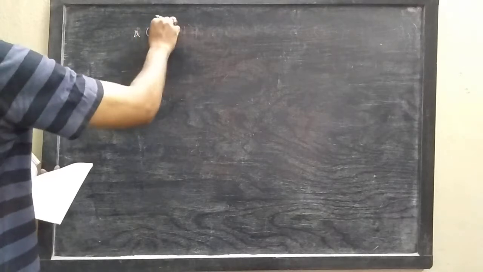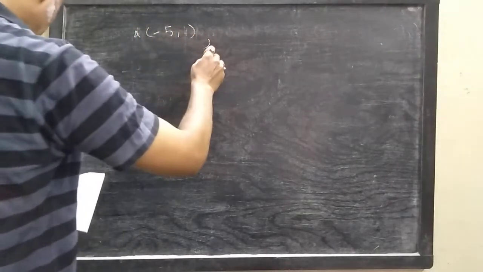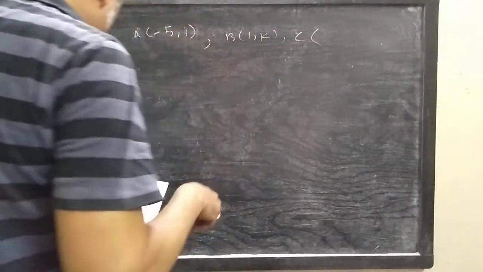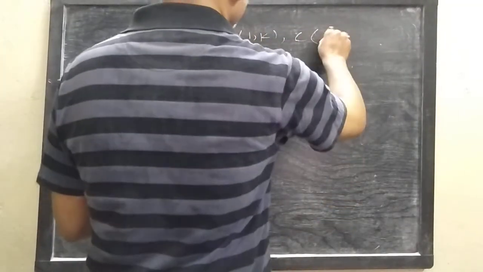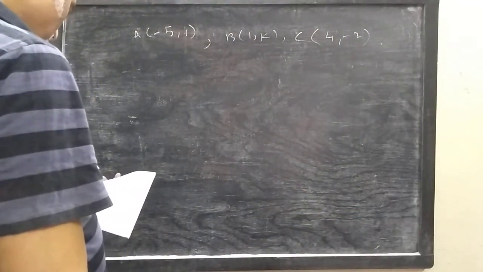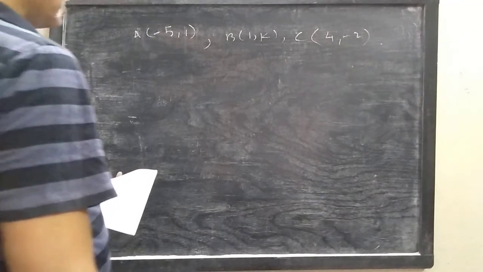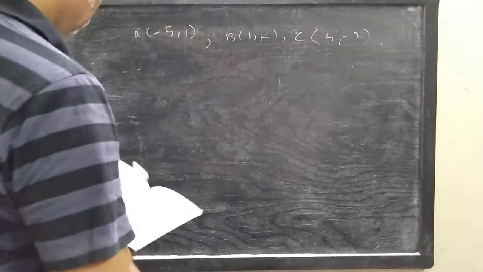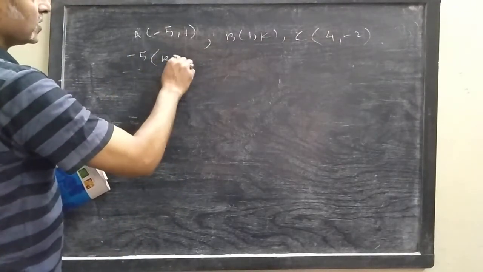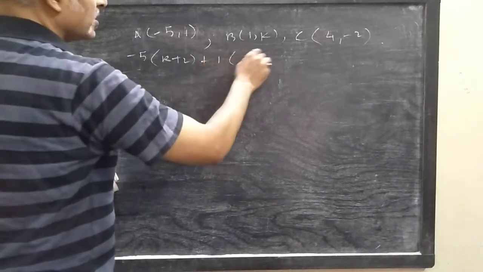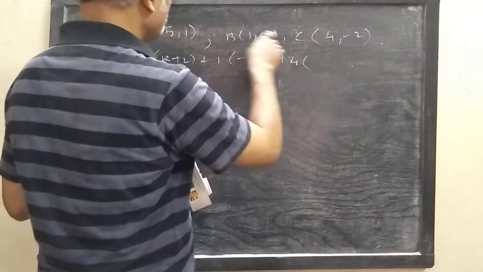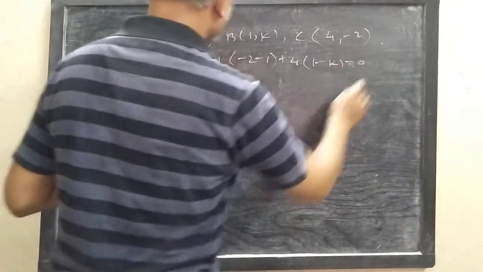A is (-5, 1). B is (1, k), C is (4, -2). We have to find k so that the points are collinear, and also to find in what ratio B divides AC. x1 into y2 minus y3, that is k plus 2, plus x2 into y3 minus y1, -2 minus 1, plus x3 into y1 minus y2, 1 minus k equals 0.